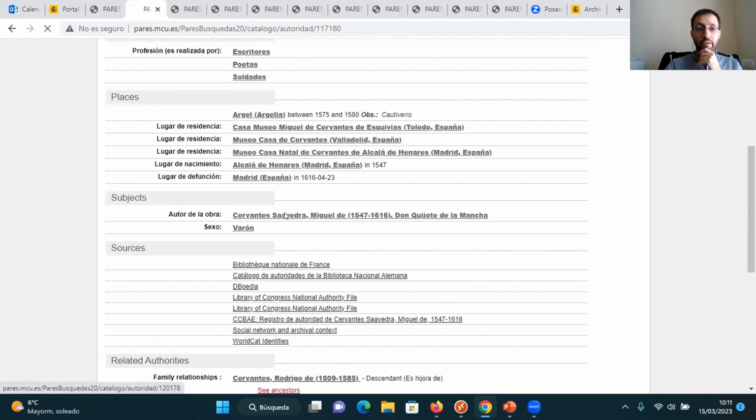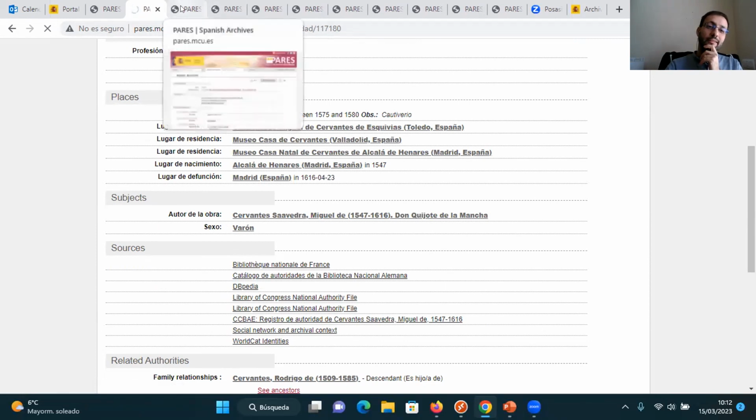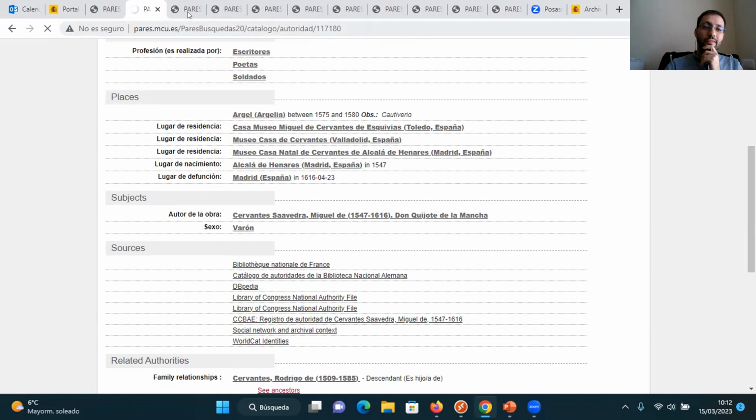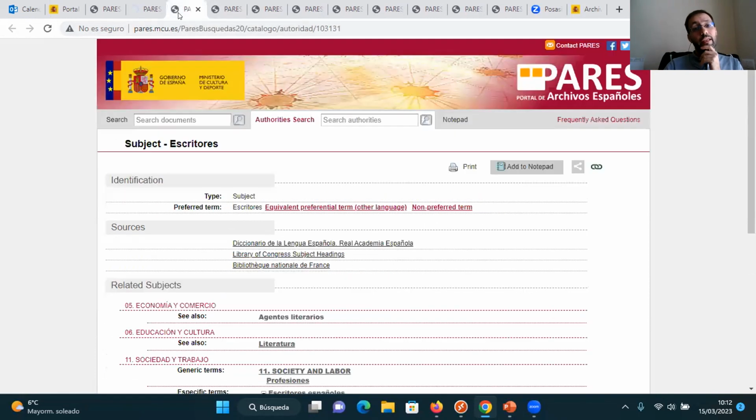If we click here, we can see the description of this concept, Don Quixote de la Mancha, the book. Sorry for the slowness of Pares.